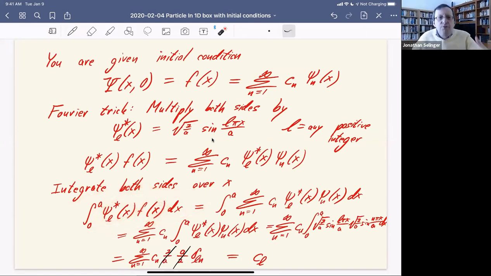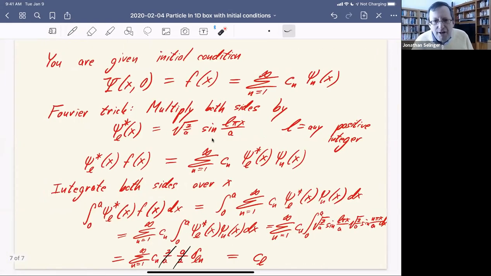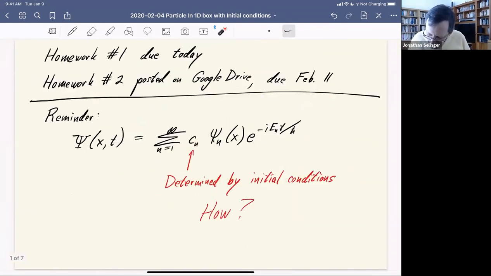And so on forever, until you have this whole infinite series of coefficients. And with that, you've got all the C's. Once you have all the C's, you're done. Once you have all the C's, you put it back into this equation that we were working with, and then you know the psi as a function of position and time.